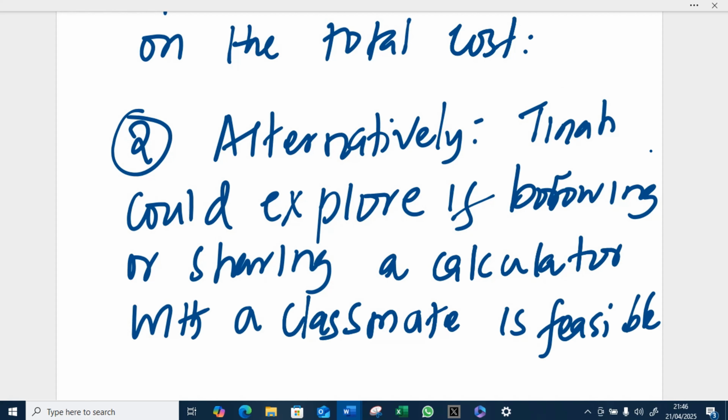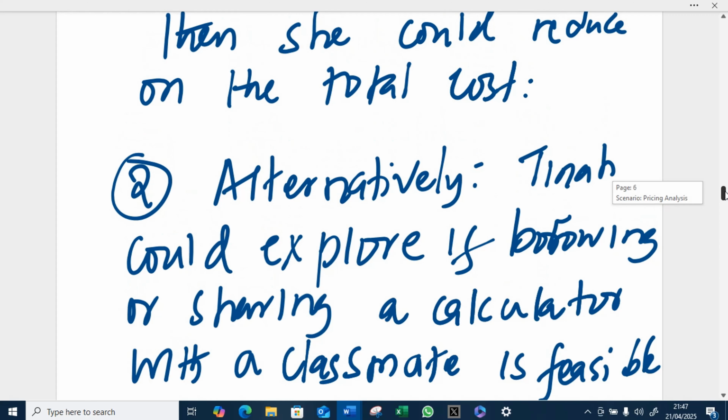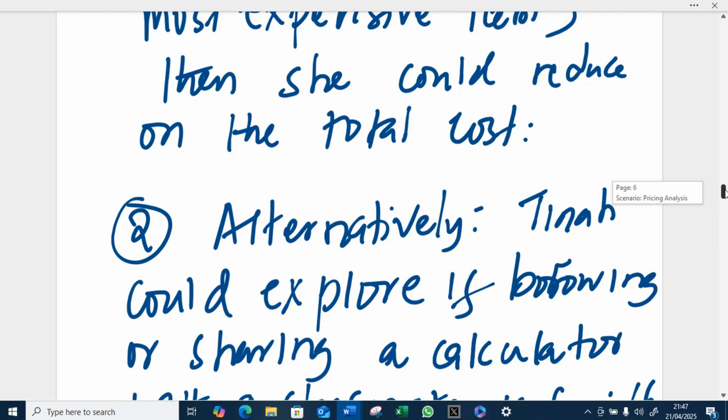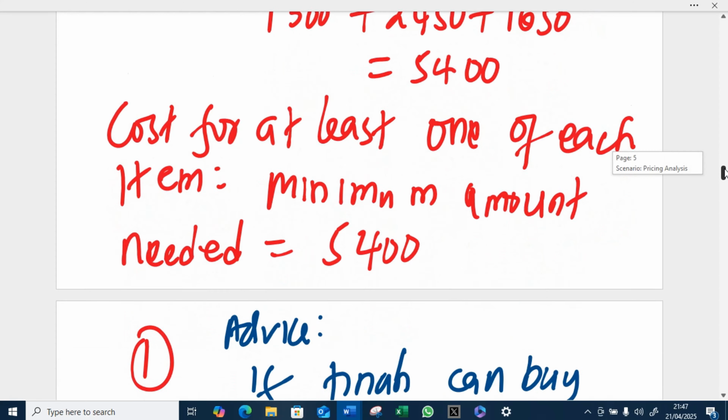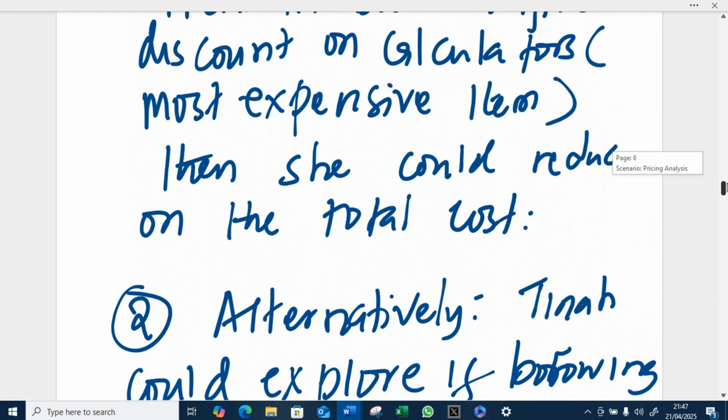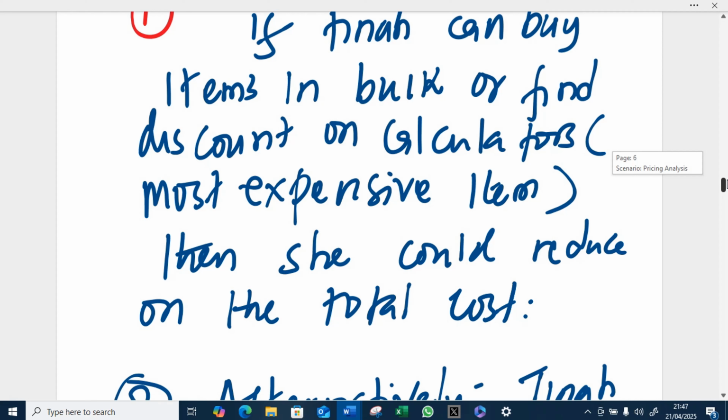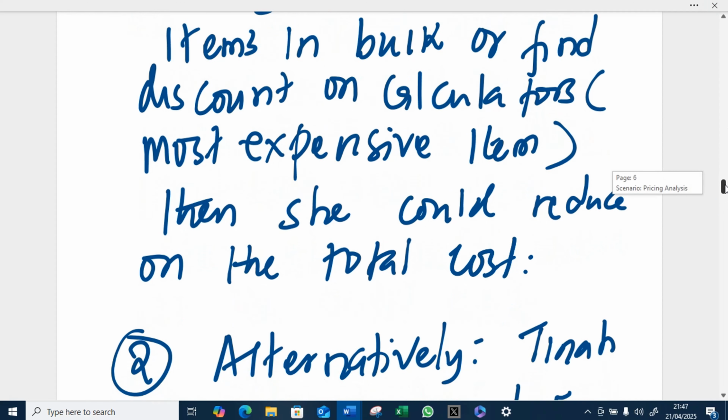So if sharing the most expensive item, that is a calculator, with a classmate is feasible, then she could only buy a ruler and a geometry set, and therefore her cost would reduce to this total minus the cost of the calculator. Or if that is not feasible, then the only alternative she could have would be to buy in bulk or bargain for a discount on the most expensive item, which is the calculator.